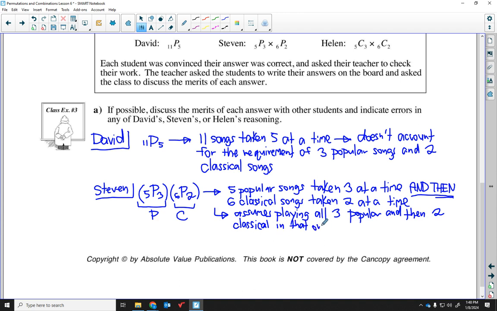But that was not a restriction identified in the question. If it did say you had to do all of the popular followed by the classical, then that calculation would have been correct, okay? But it's not.